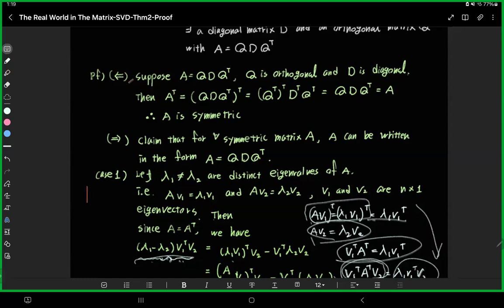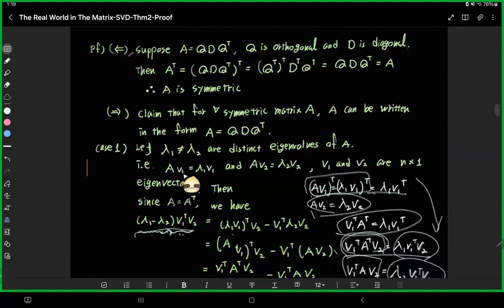Case one: lambda 1 is not equal to lambda 2, which means all eigenvalues are distinct, so the multiplicity of each eigenvalue equals one. Then A V1 is equal to lambda 1 V1, and A V2 equals lambda 2 V2, where V1, V2 are n by 1 eigenvectors.